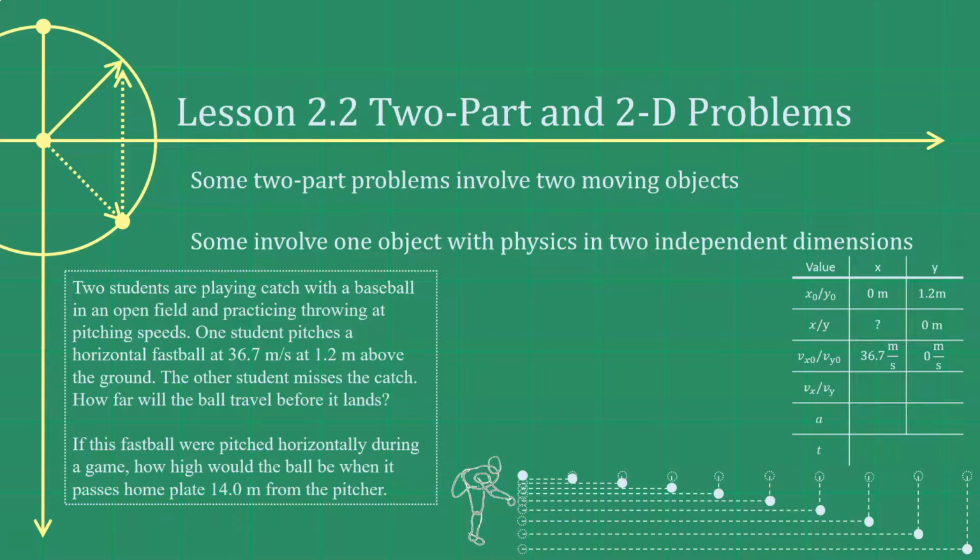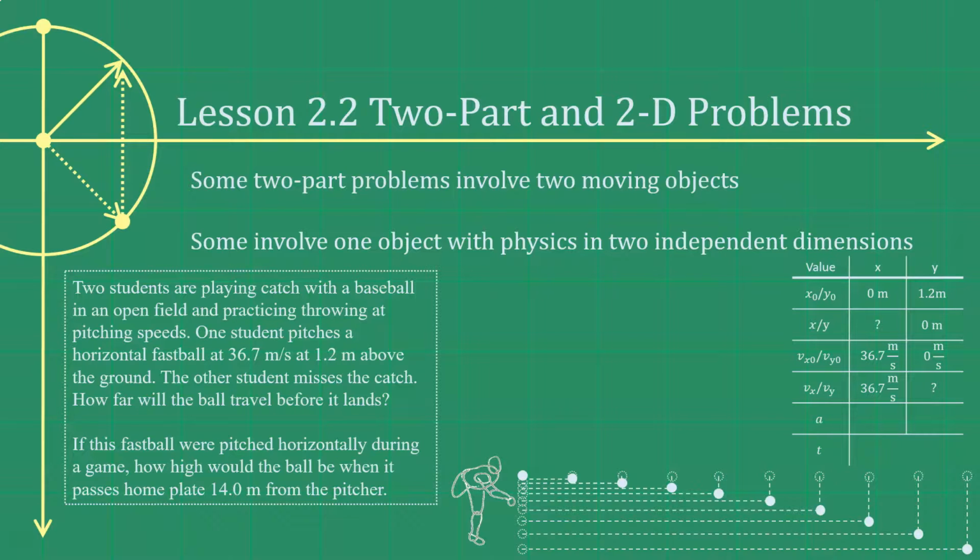It's not being thrown upward or downward, it's being thrown horizontally. And then my final velocity in the x dimension is going to be the same as the initial velocity because velocity in the x dimension is constant. In the y dimension, we don't know what the final velocity is, and I'm guessing we're not going to need to find it for this problem.